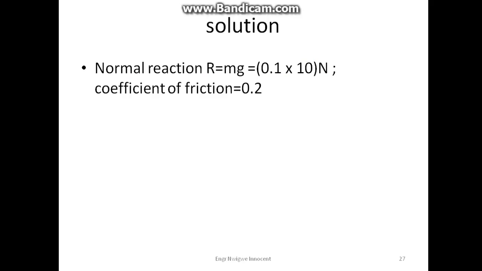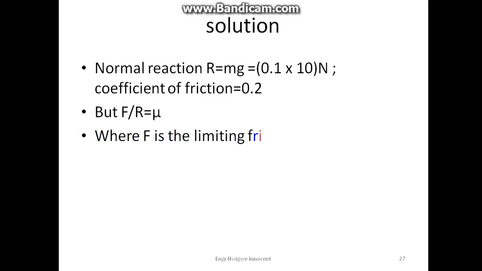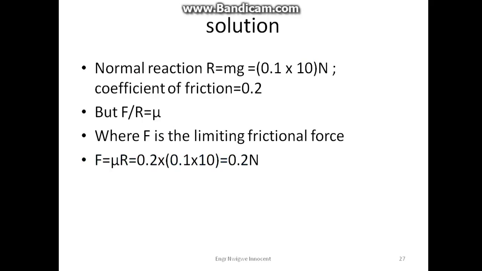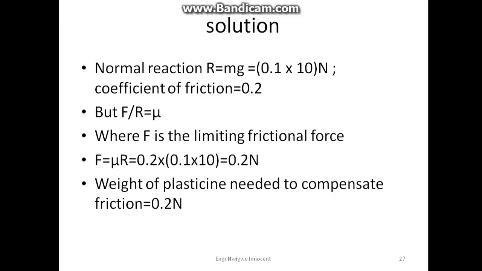The coefficient of friction is 0.2, and the limiting frictional force F over the normal reaction R equals the coefficient of friction mu. Making F the subject of the formula, F is equal to mu R, which is 0.2 times (0.1 times 10), which gives us 0.2 Newton. The weight of the plasticine needed to compensate friction is therefore 0.2 Newton.